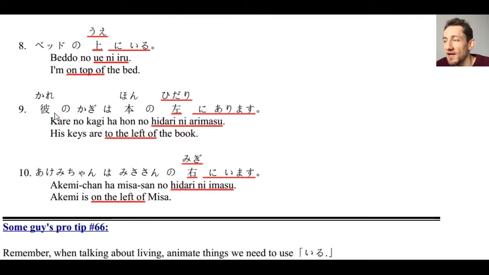Number 9. 彼の鍵は本の左にあります。So his keys are to the left of the book. 彼の鍵, his keys.